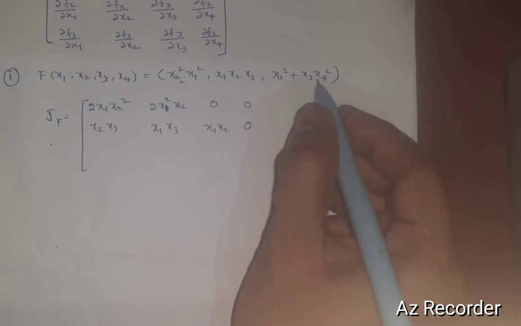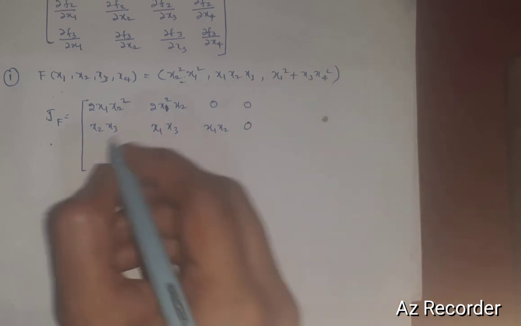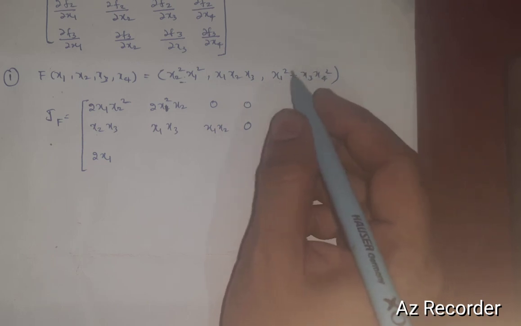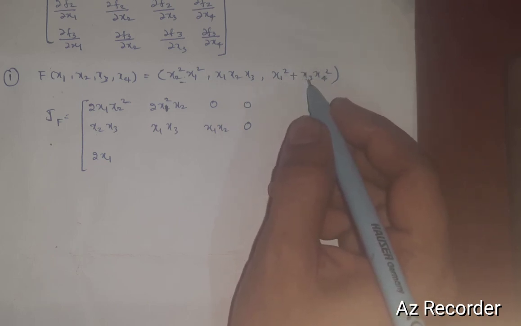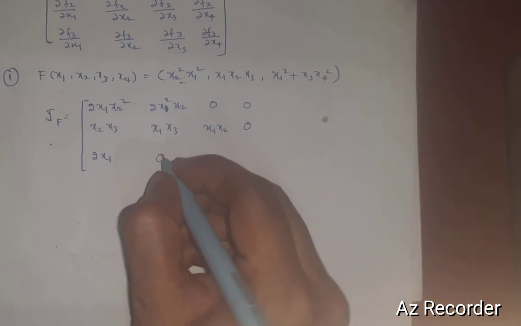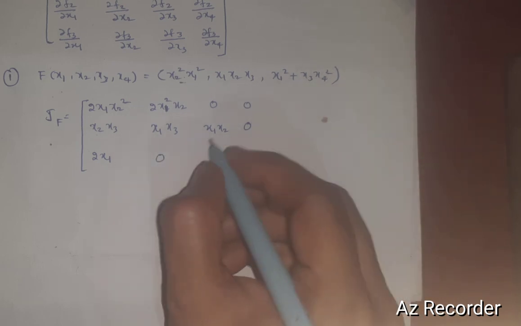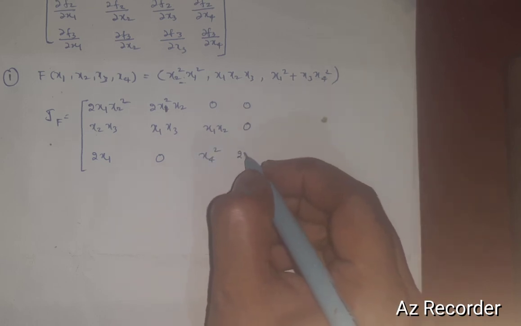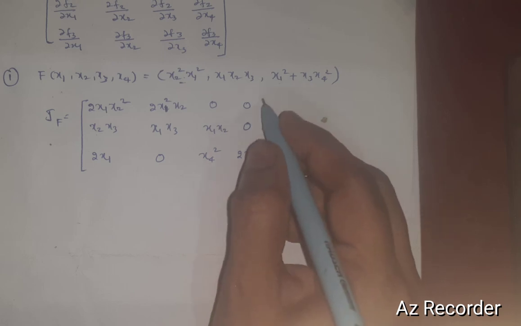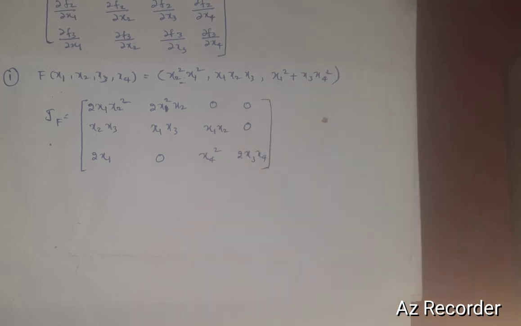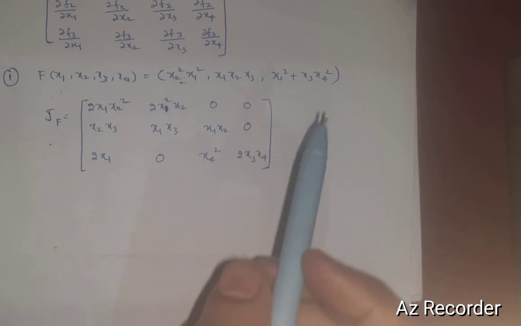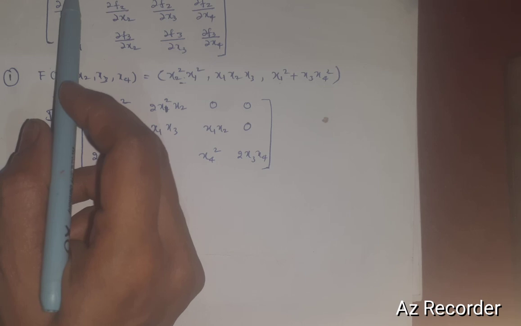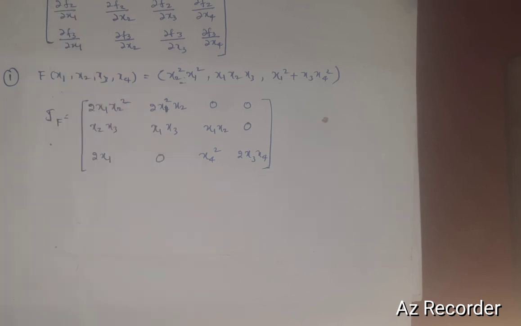And this is f3: partial derivative of f3 with respect to x1 is 2x1, with respect to x2 is 0, with respect to x3 is x4 square, and with respect to x4 is 2x3 x4. So while finding the partial derivative, you have to treat the other variables as constant. If you are finding with respect to x1, then you have to treat x2, x3, x4 as constants.